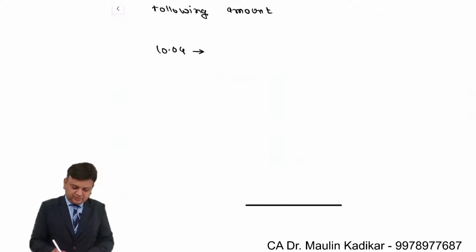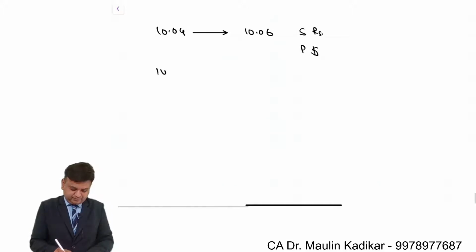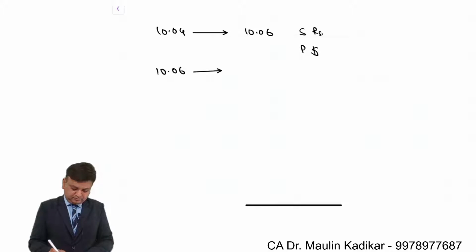So on 10th of April for 10th of June, the transaction was sell rupees purchase dollar. On 10th of June for 10th of June, it is sell dollar purchase rupees.